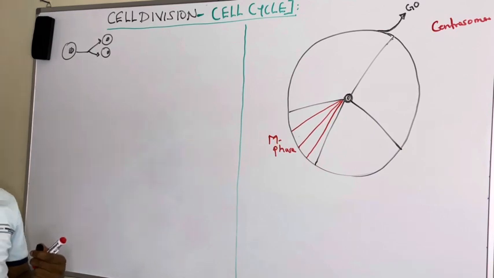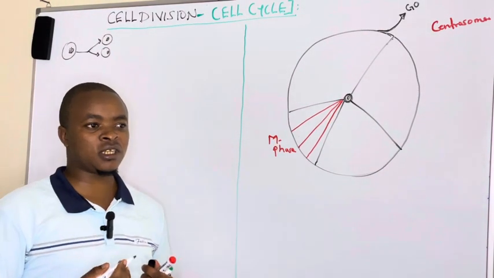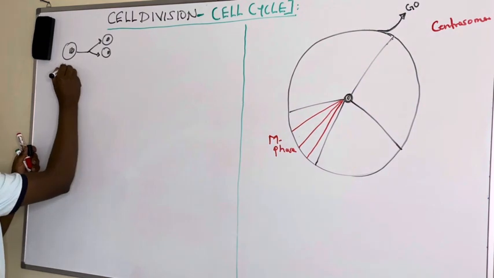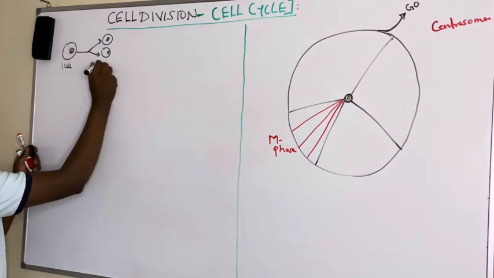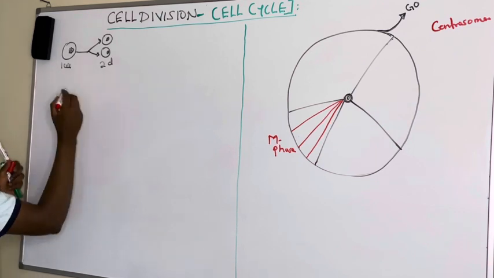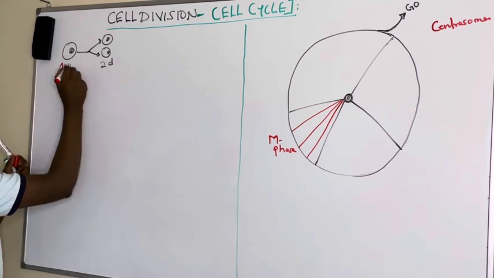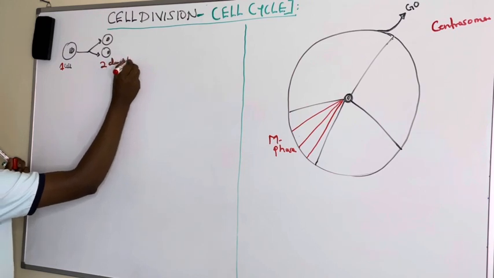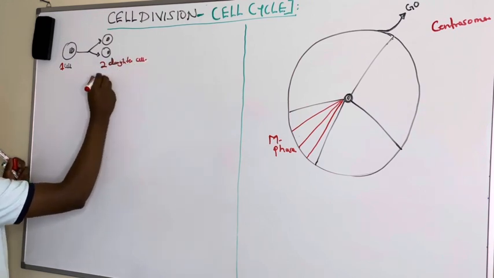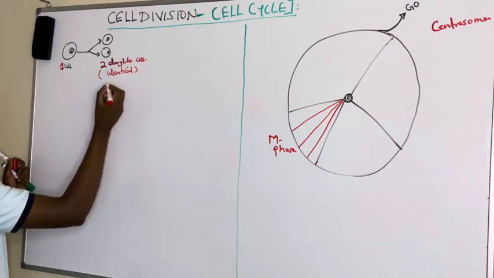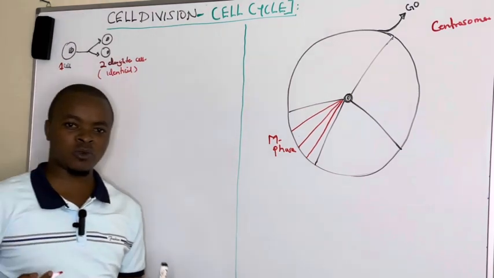So cell division is how cells produce other cells, or how, if I have one cell, I can use it to produce two daughter cells, which are identical, having the same number of chromosomes as the parent.